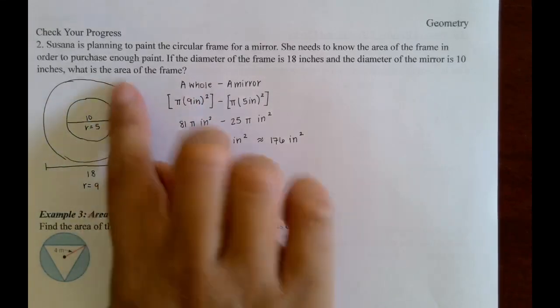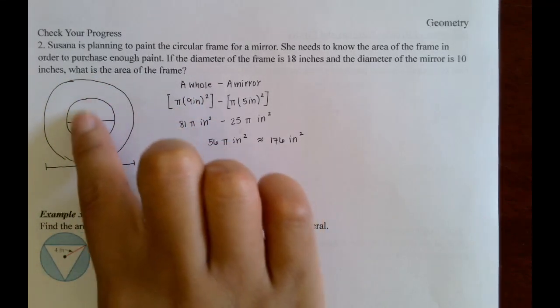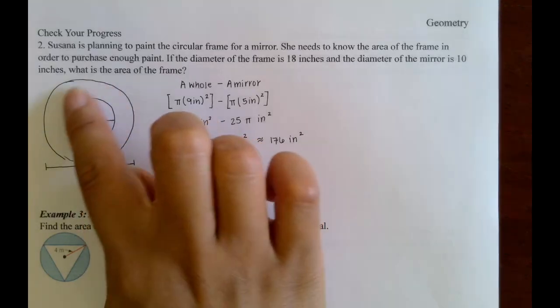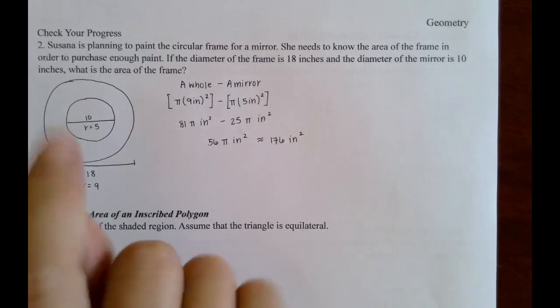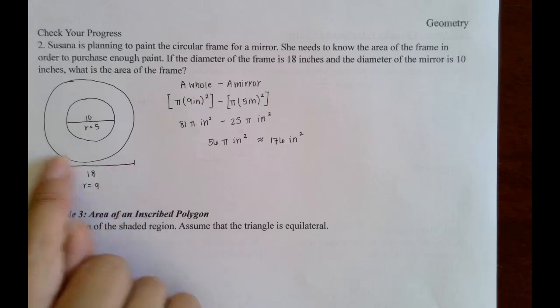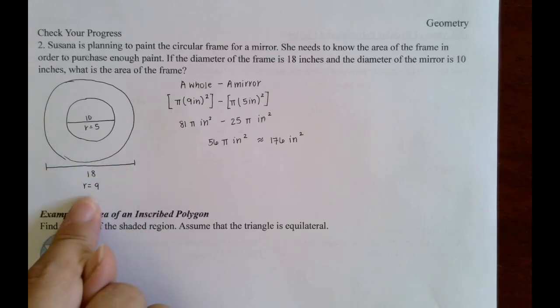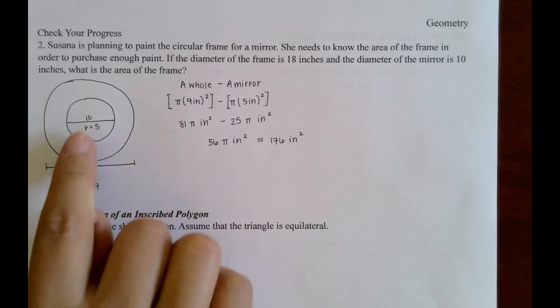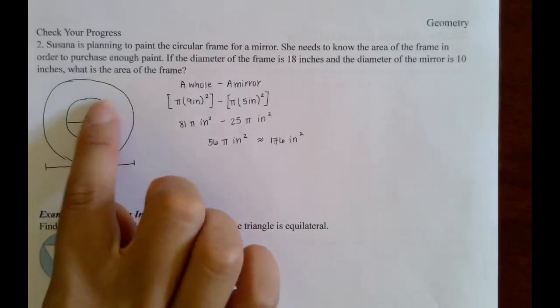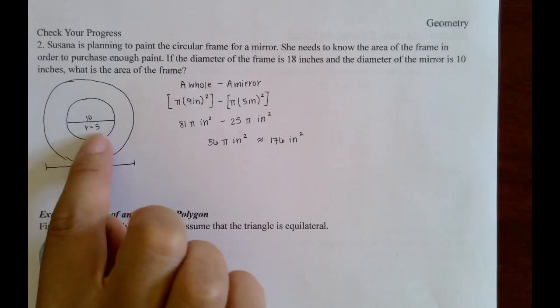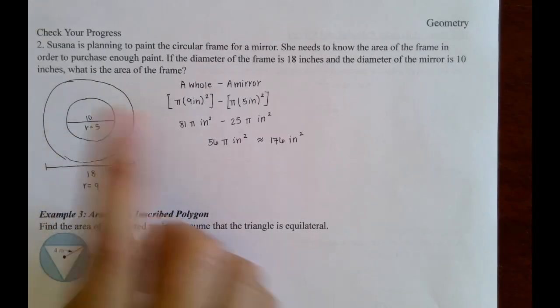The area of the whole thing minus the area of the mirror will give us just the part that she needs to paint. So here, if the diameter of the whole thing is 18 inches, that means the radius is 9 inches. If the diameter of the mirror is 10 inches, that means the radius is 5 inches. They're both circles, so pi r squared.